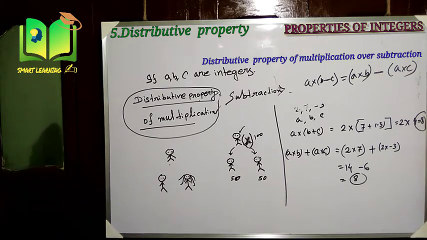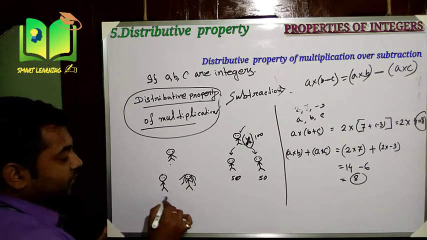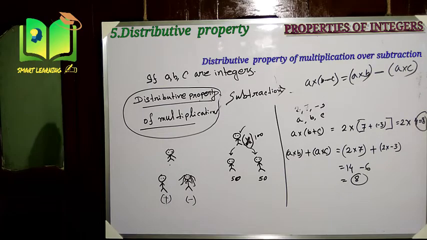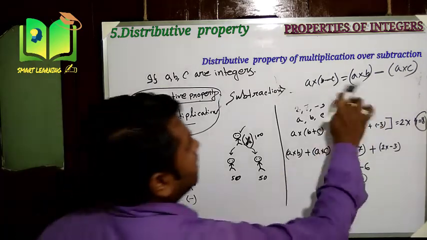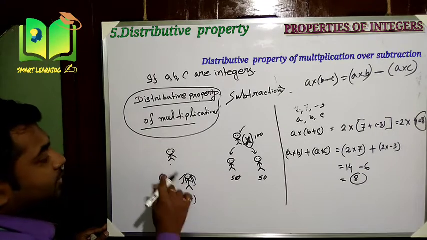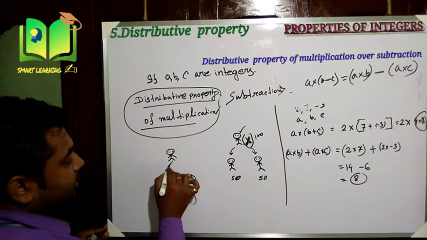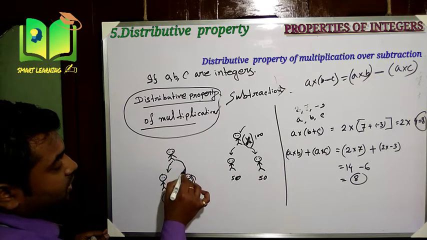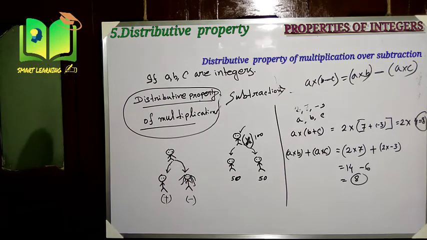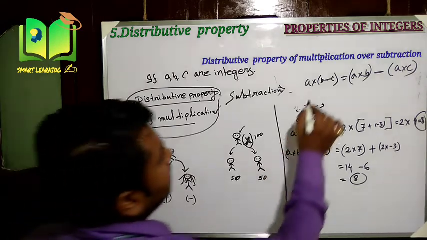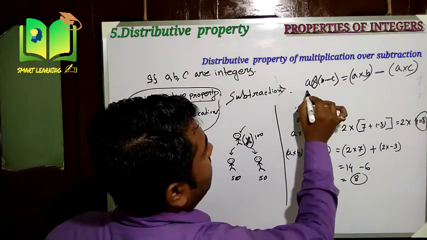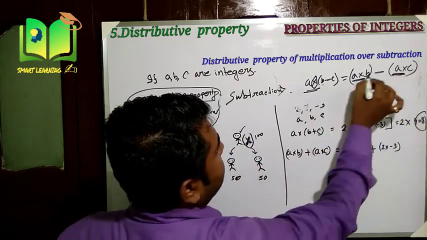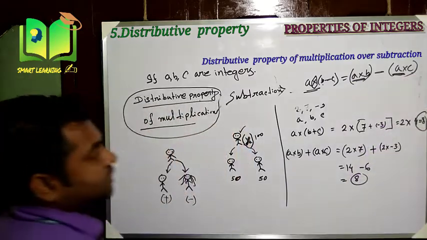So definitely, if this one is plus sign, then it will be minus sign here. But when the uncle gives something to this brother, the same way this uncle also gives something to this sister, and the amount is the same. A into B, B is brother and C is here sister.